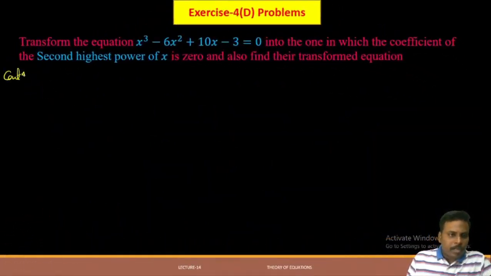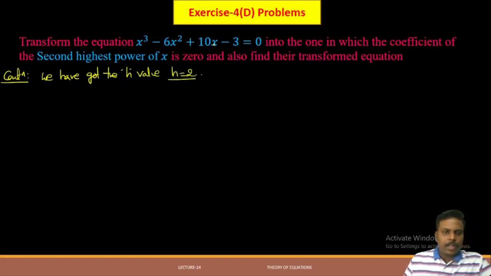Here is the continuation. We have got the h value, that is h is equal to 2. The roots must be translated by minus 2.